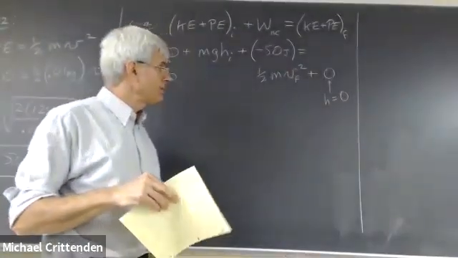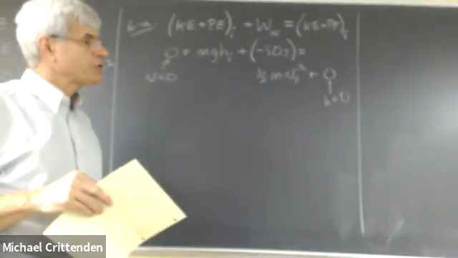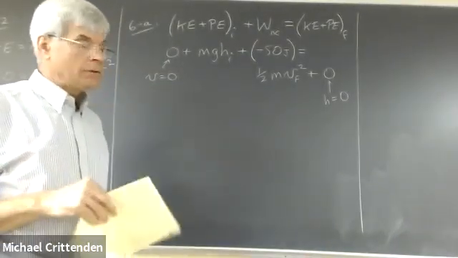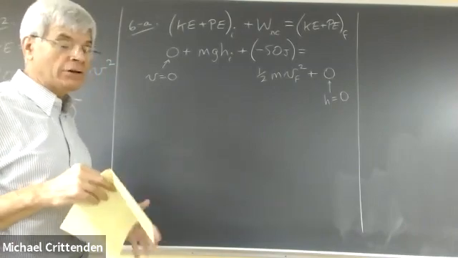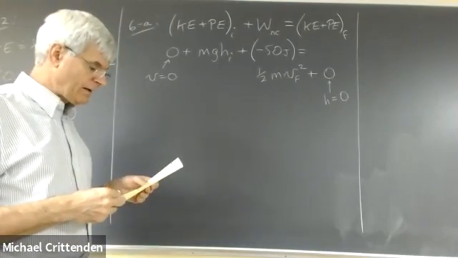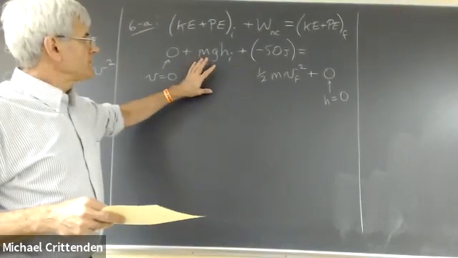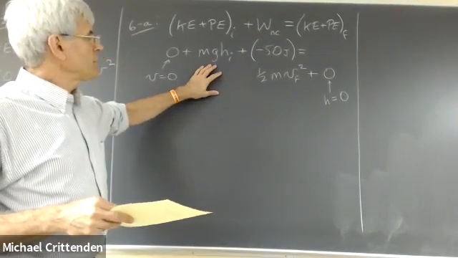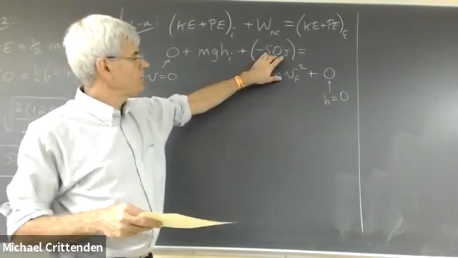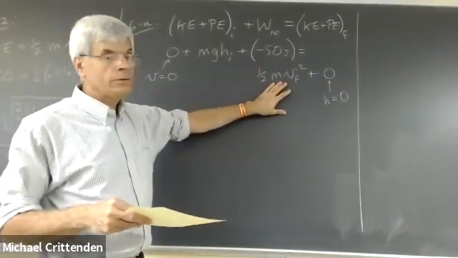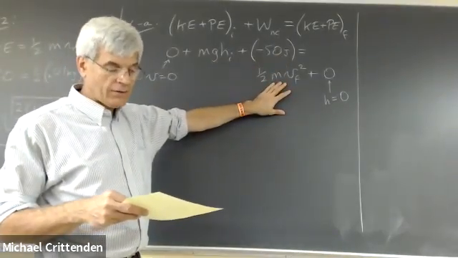It's no longer elevated. So mgh, where h is equal to 0, there's no potential energy. It's not elevated anymore. So potential energy that it starts with minus what's lost to friction is equal to the kinetic energy it's got when it gets to the bottom.